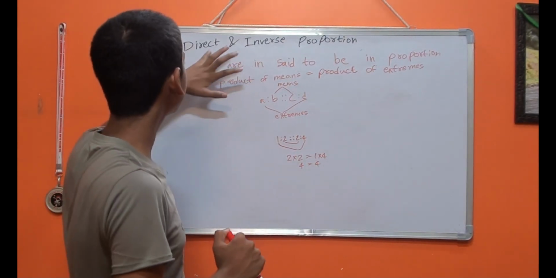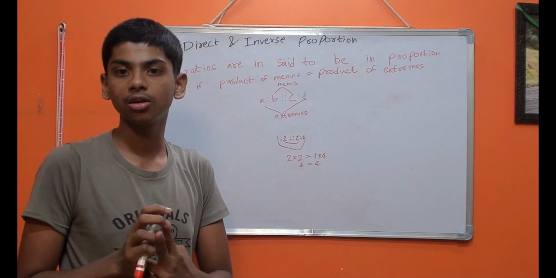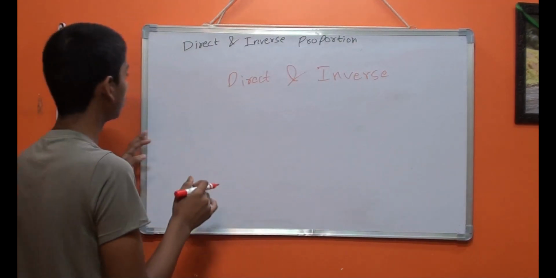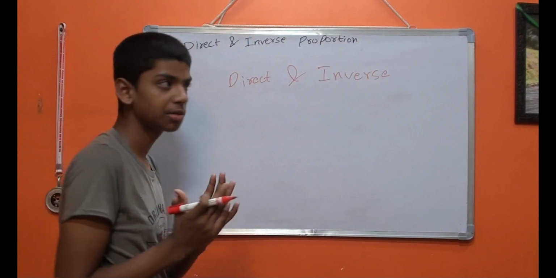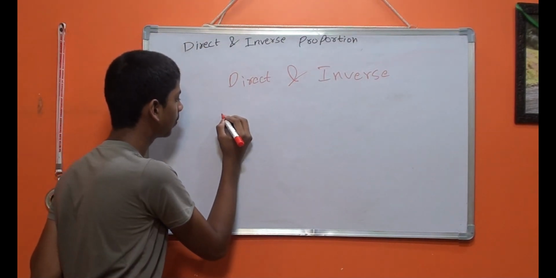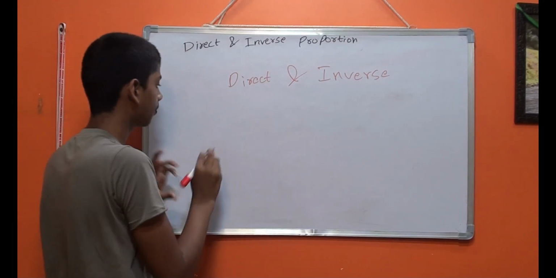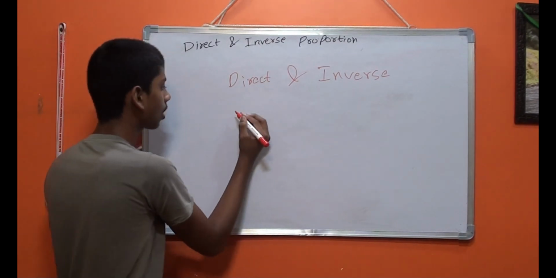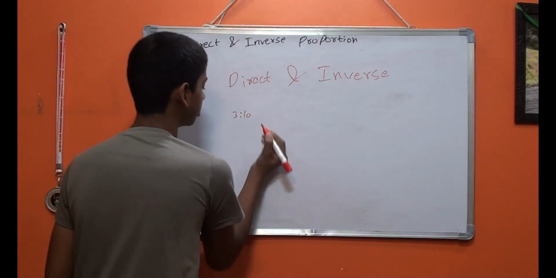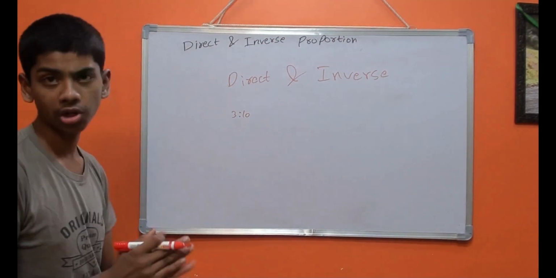Now let's see the two types of proportion, direct and inverse. Friends, first let's learn about direct proportion. What does direct proportion mean? Let's take 3 is to 10.